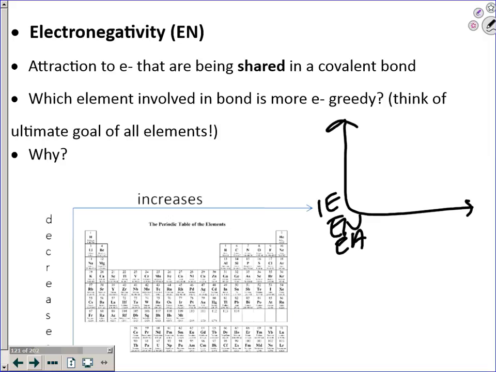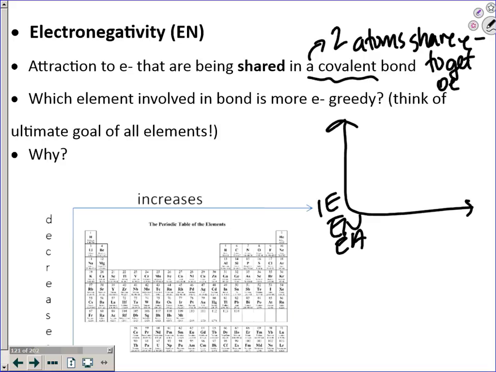So this definition isn't just like, hey, I'm taking an electron or I'm giving it away. It's actually in reference to bonding, which in this case is the shared electron type of bonding, which is a covalent bond. So the definition of a covalent bond is just when two atoms share electrons to get their own personal octet.